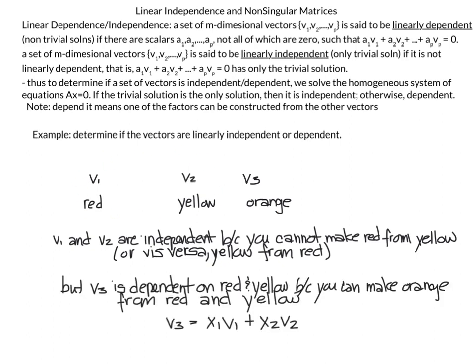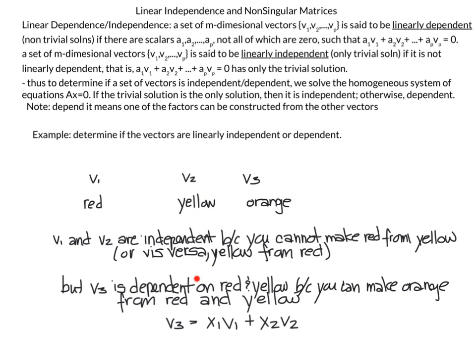In fact, v3 is a linear combination of red and yellow. You can mix different amounts of red and yellow, and those different amounts are represented by the scalar quantities x1 and x2. If x1 is high and x2 is low, that means it's a very reddish orange. But if x1 is low relative to x2, then it's more of a yellow orange.